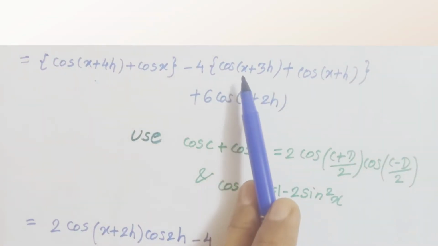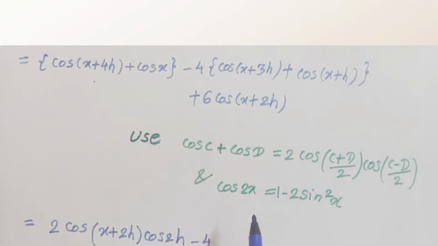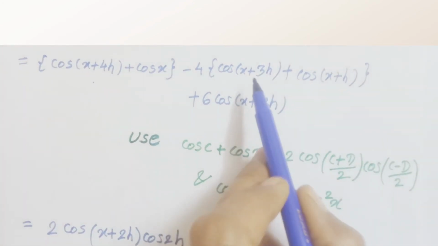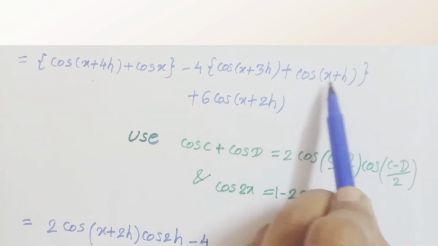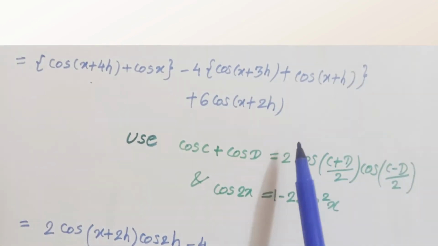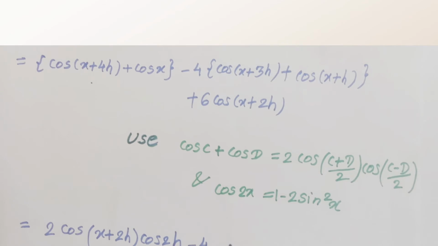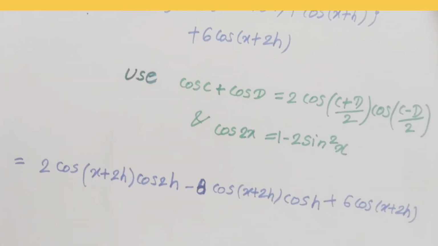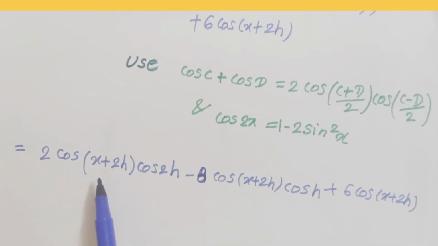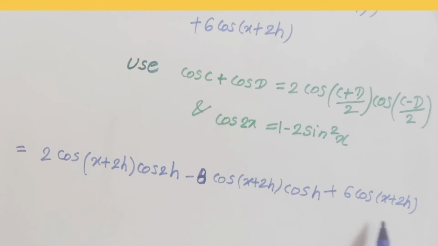Apply this formula on this bracket term. Then we get minus 4 as it is. Addition of angle is x plus x, that is 2x, and here the h term is 4h divided by 2. Then it is cos. Now if you observe this formula, then throughout twice cos x plus 2h is common in this term.